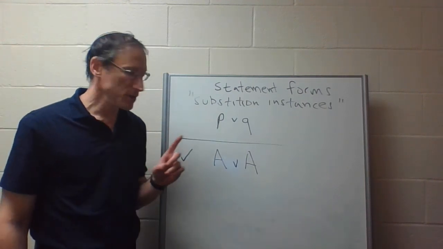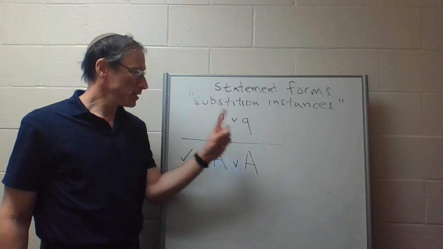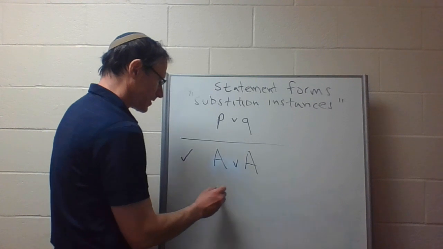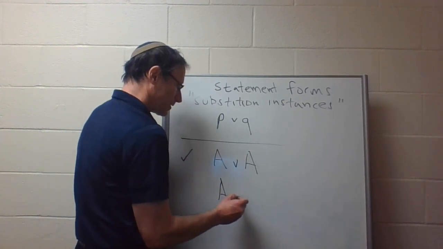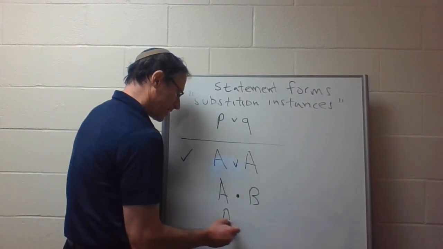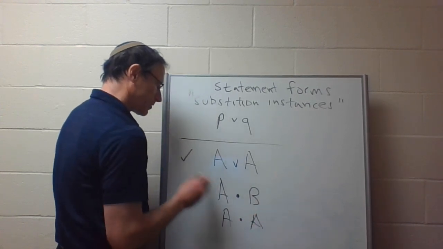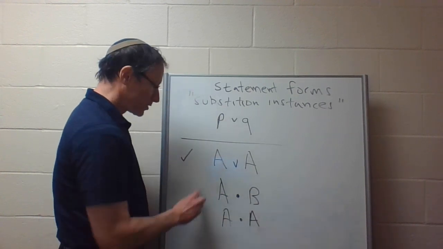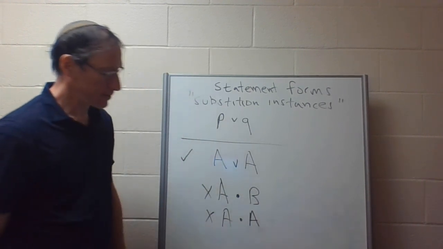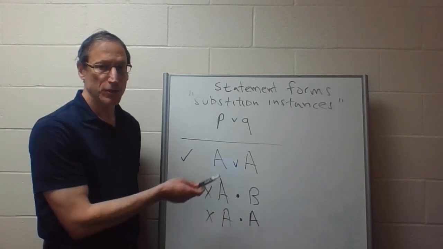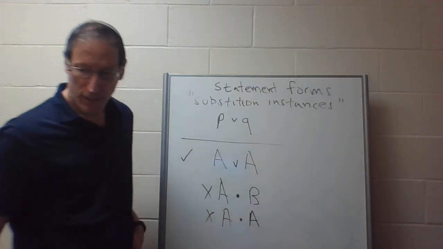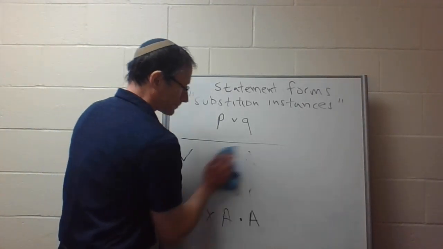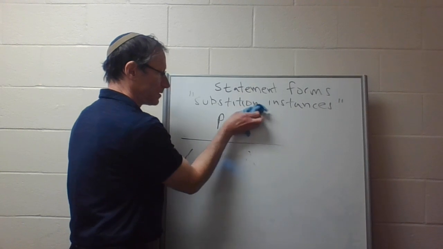Again, the rule is P can be anything, Q can be anything. The wedge has to stay, of course. So if I said something like A dot B, or A dot A, these would be incorrect as substitution instances of P wedge Q. Okay, now let me give you a different example.